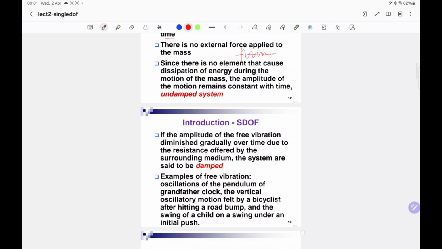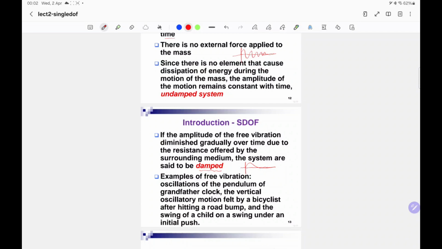But if we are considering a damped system, the response goes up and then eventually it will die out, so it will not oscillate. So that's the difference between a damped system and an undamped system.